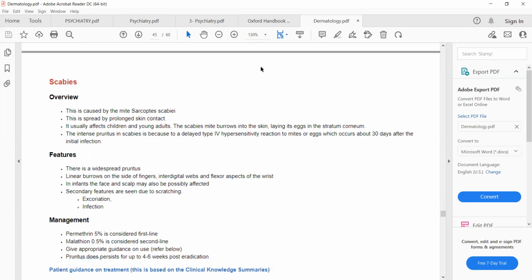So another condition that is related to skin infection is scabies. Scabies is caused by a mite that is known as Sarcoptes scabiei. Sarcoptes scabiei usually affects children and young adults.